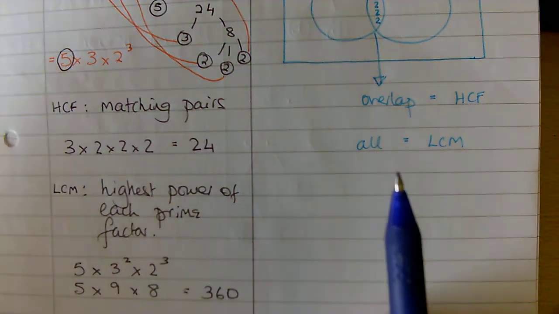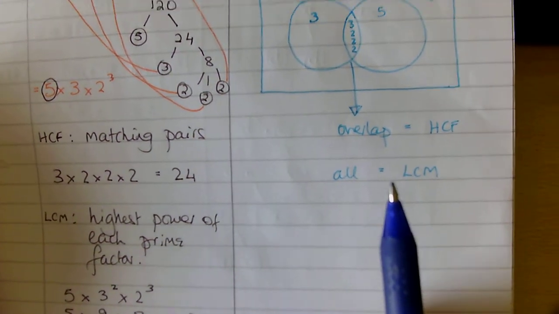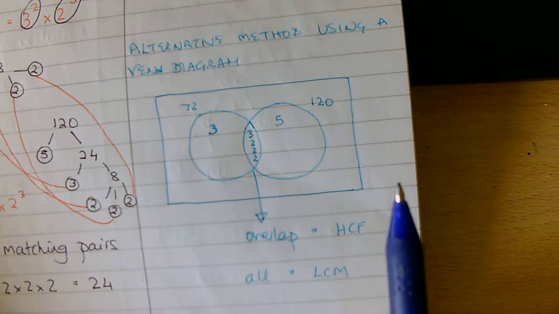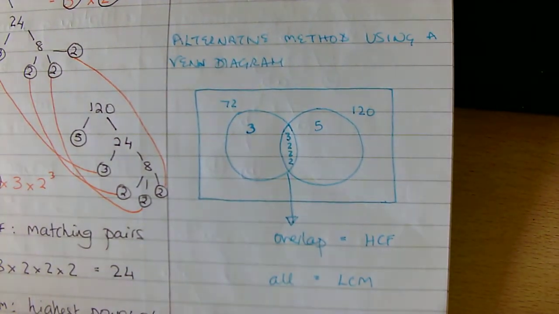Now that's one of several methods that you can use to find the prime factors, and I'm just going to quickly show you an alternative here written in blue using a Venn diagram.